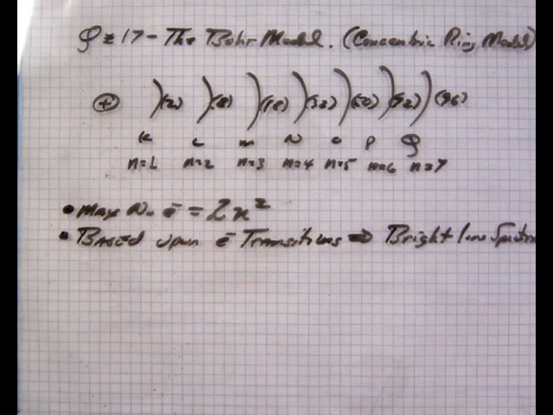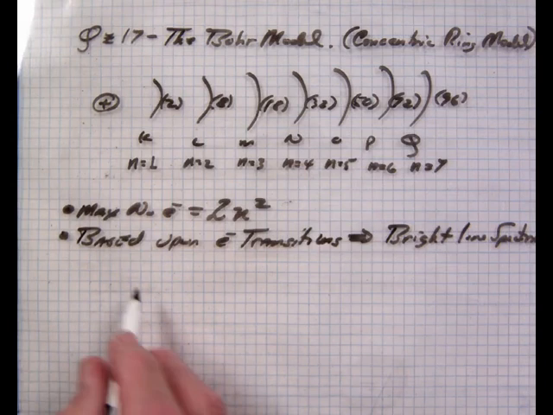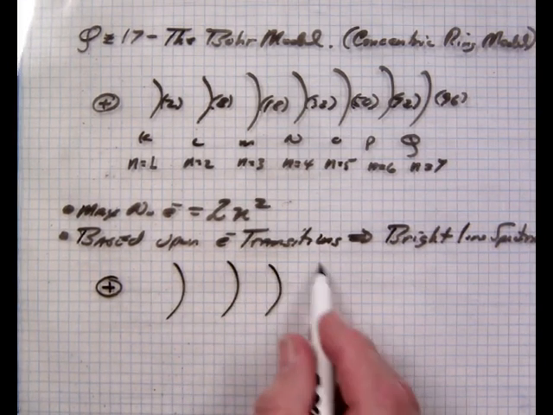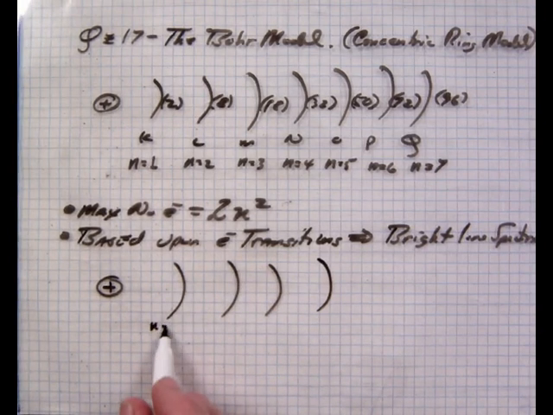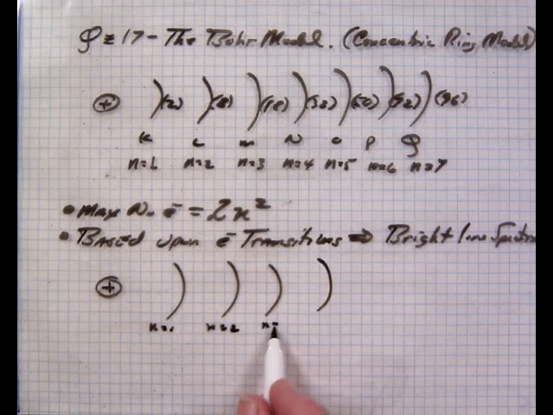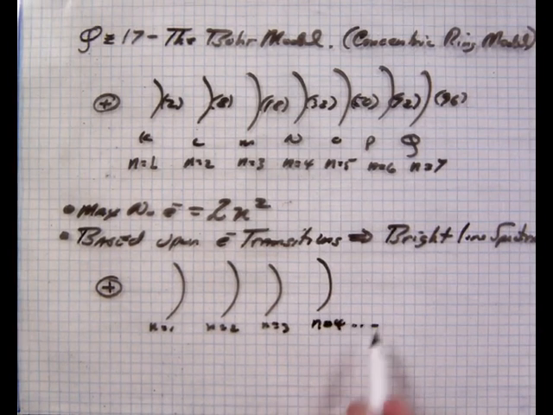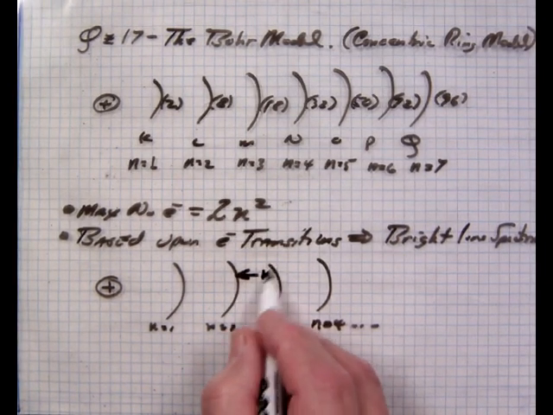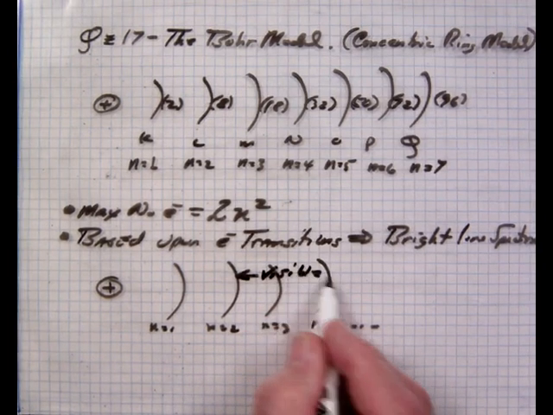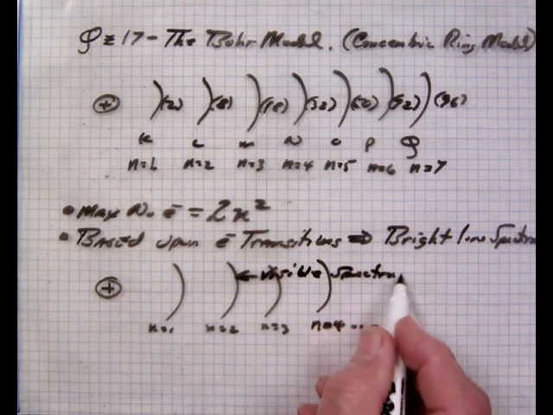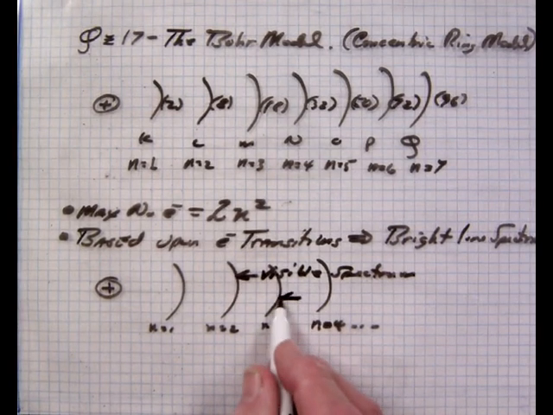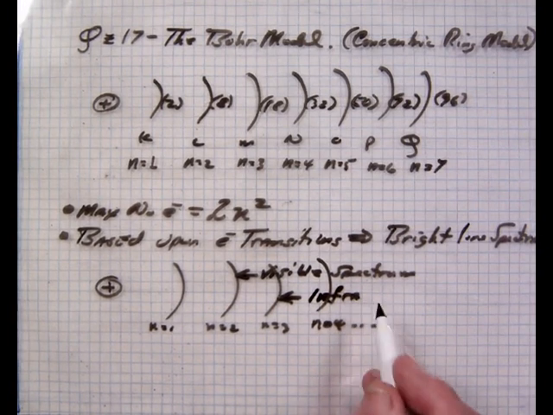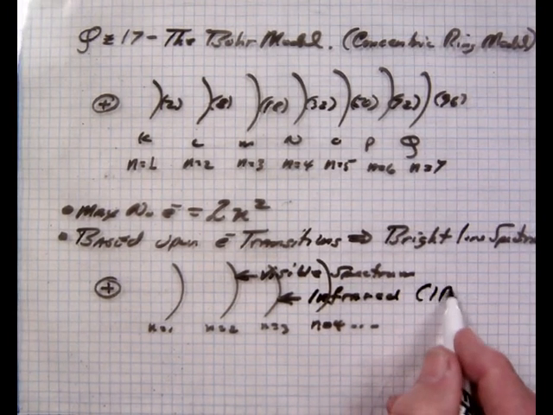Okay, it might be worth talking about. If we have a nucleus and the transitions, here's n equal 1, n equal 2, n equal 3, and so forth. If the transitions end on n equal 2, this is a visible spectrum. If the transitions end on n equal 3, this is the infrared or IR spectrum.